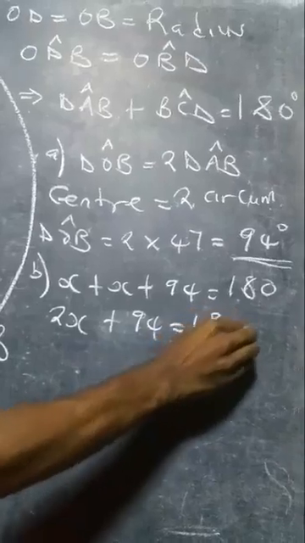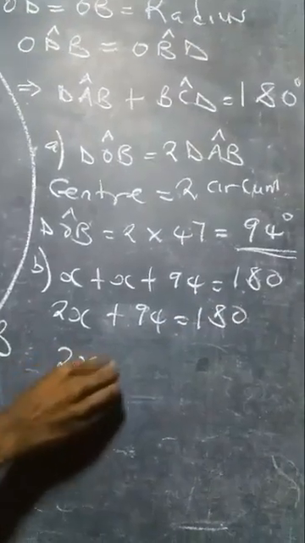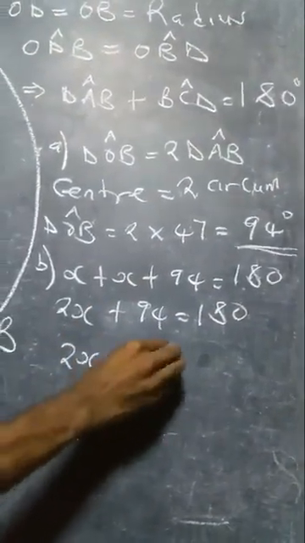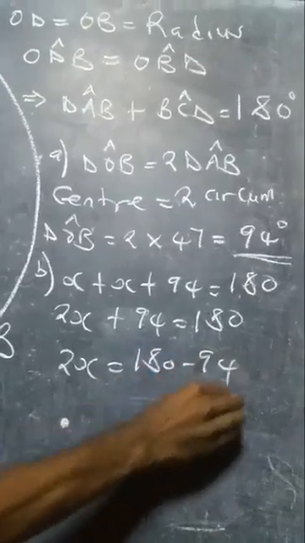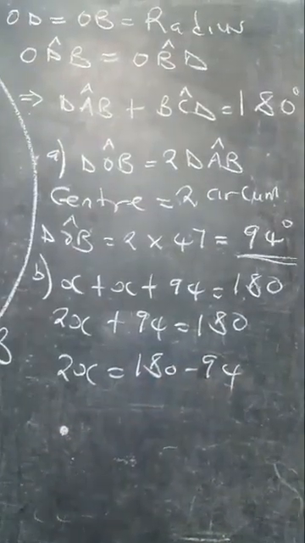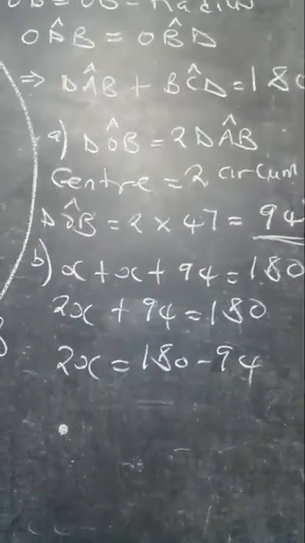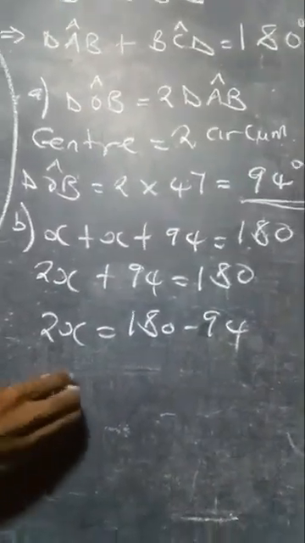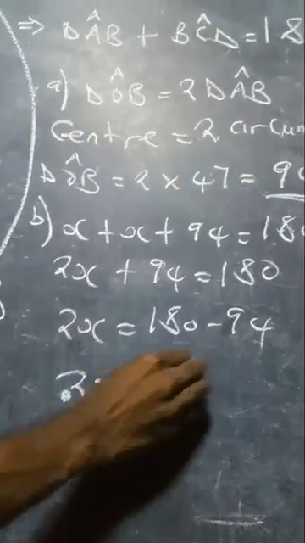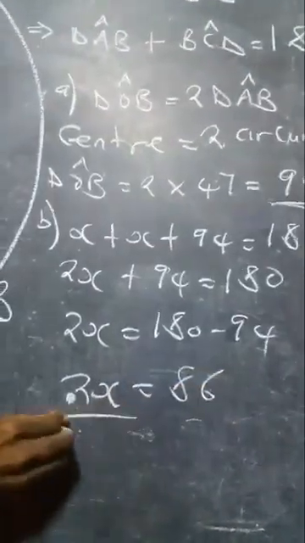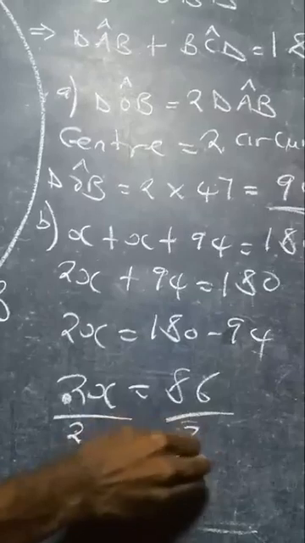So 2x is equal to 180 minus 94. That's 86. So 2x is equal to 86. We divide over 2.